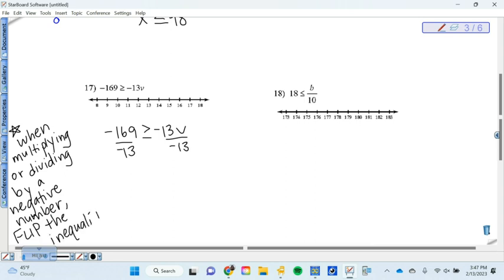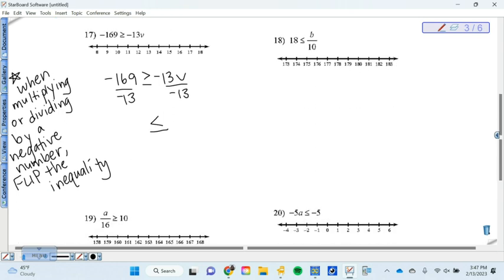By flip the inequality, I mean this has to change from greater than or equal to less than or equal to. That's the key difference. That's the big thing to remember.